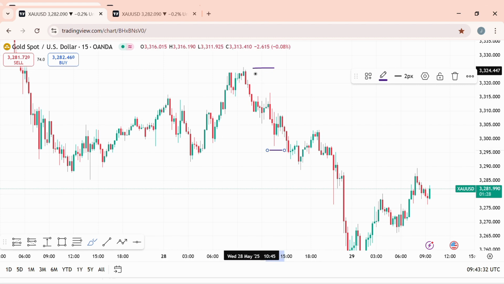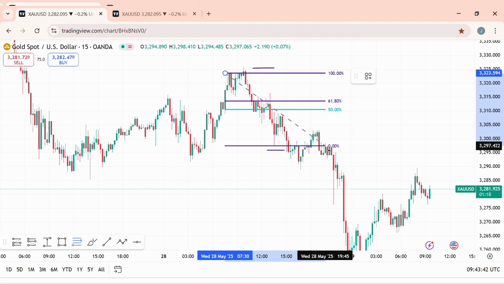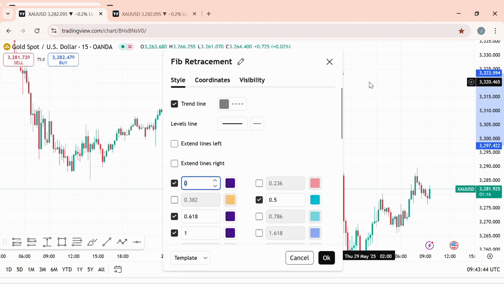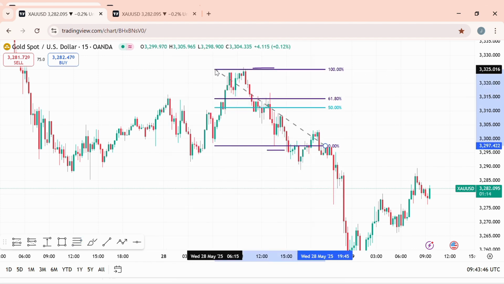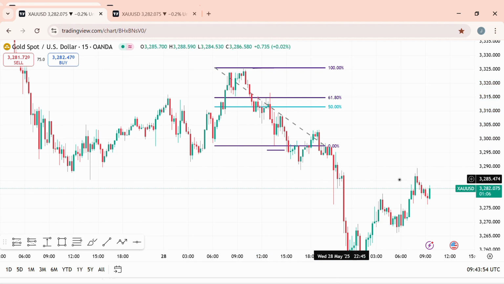We can see this was a downtrend, there was this pullback. If you wanted to catch this pullback, you could have put your fib here, from the top of the wick to the bottom of the wick.